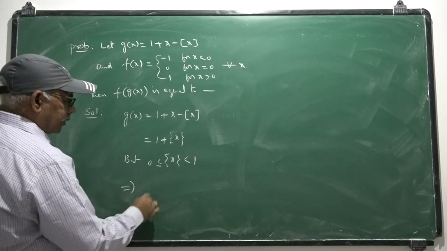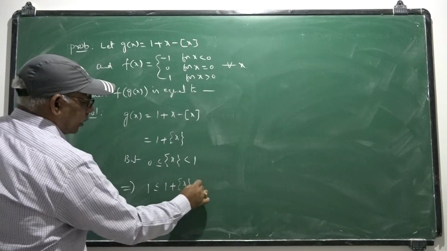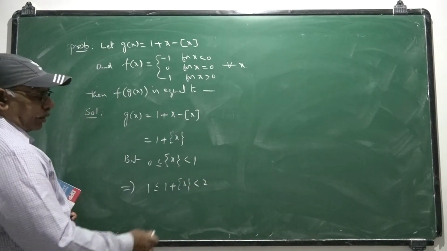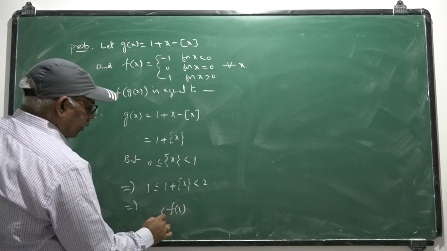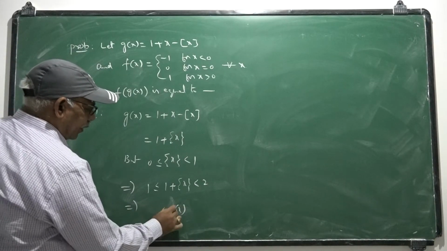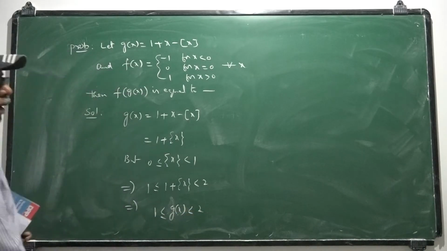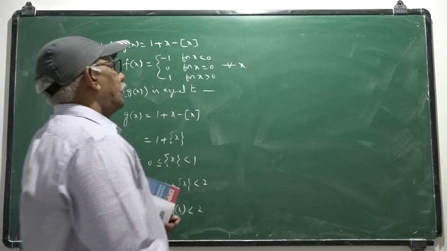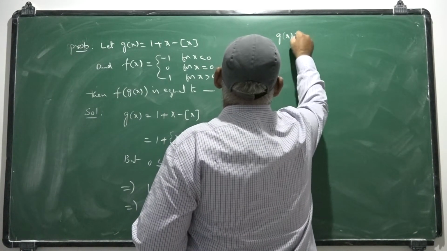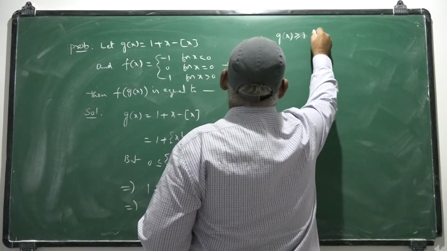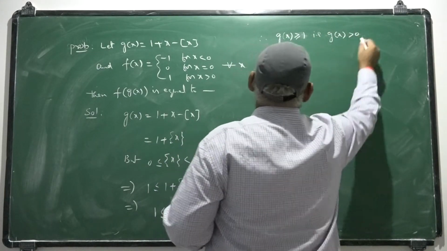Hence 1 ≤ 1 + fractional part < 2. So g(x) lies between 1 and 2. Therefore g(x) ≥ 1, that is g(x) is positive for all x.